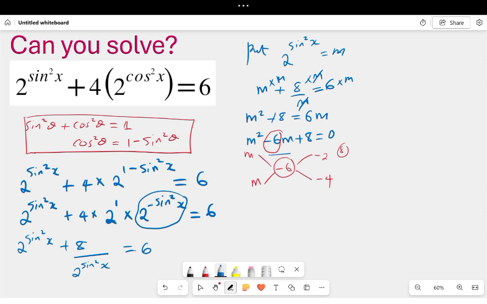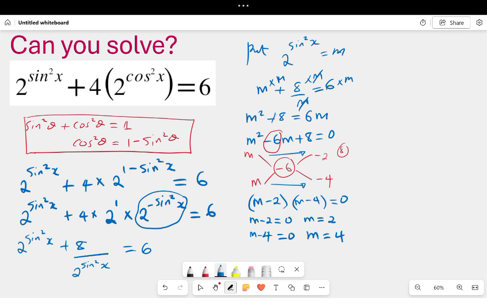Rewriting this by joining the m and the number across horizontally, it's going to be m minus 2 times m minus 4, which is equal to 0. Therefore, m minus 2 is equal to 0, so m is equal to 2, and m minus 4 is equal to 0, so m will be equal to 4.